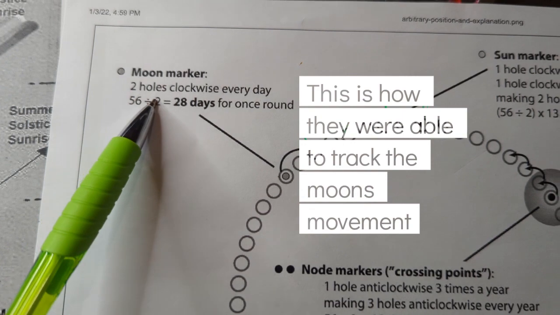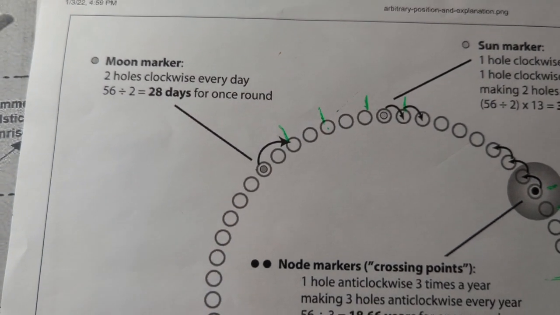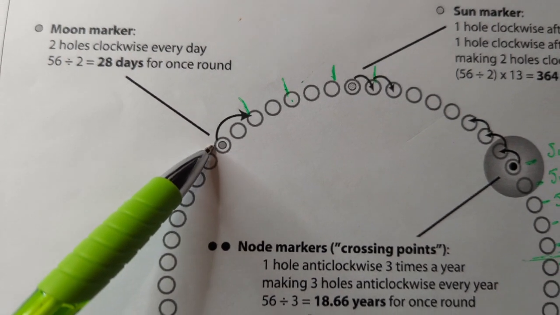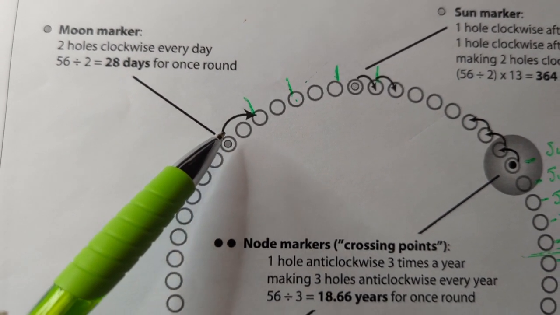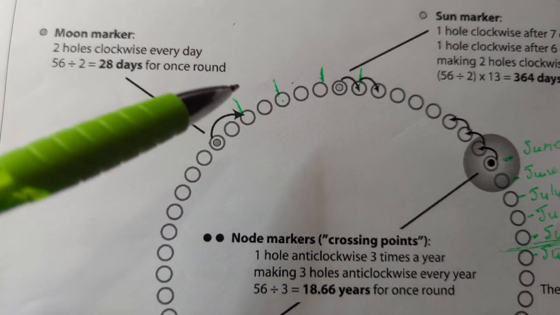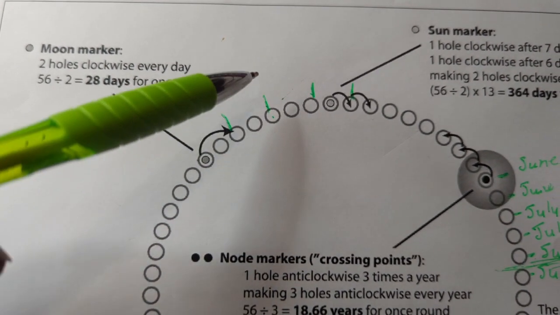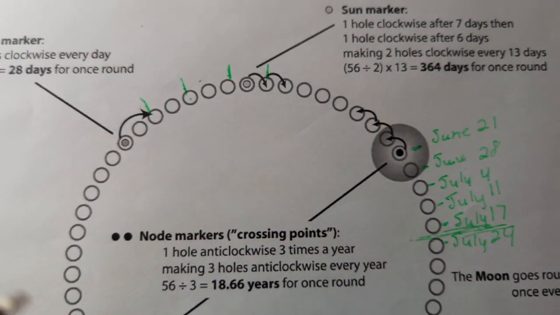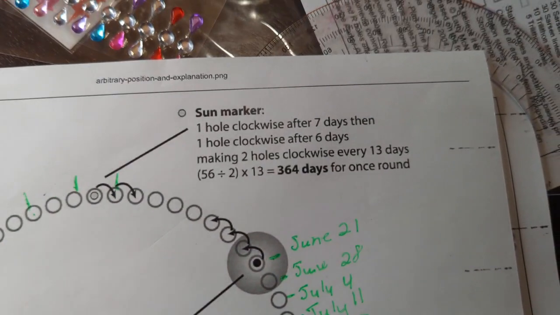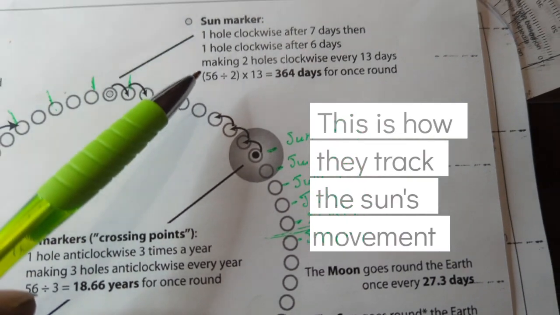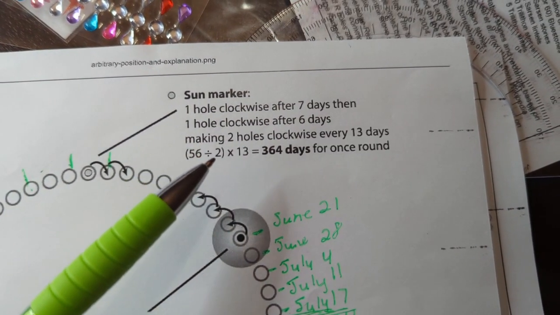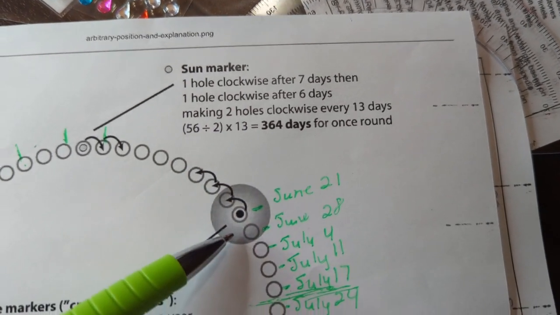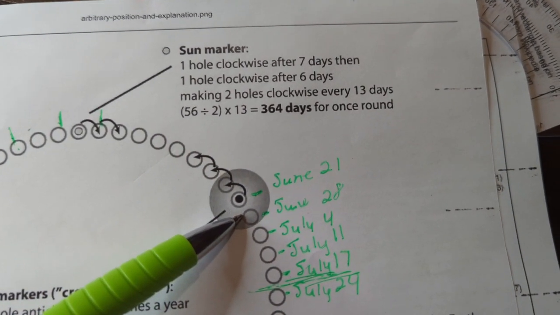So if we follow the moon's rotation, we know that we've got 2 holes clockwise every day. So we'll be doing 1, 2, and then mark, and so on. Okay, if we look at the sun, we've got 1 hole clockwise after 7 days, and then another hole clockwise after 6 days. So we're going to move it 1 space at a time.